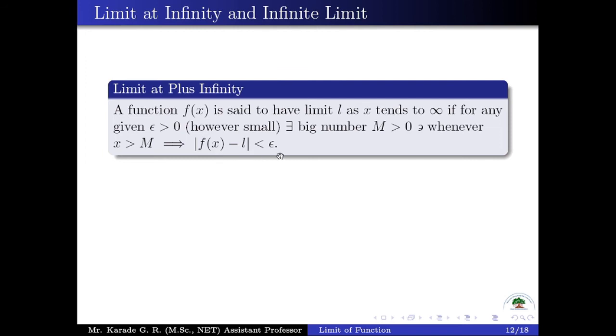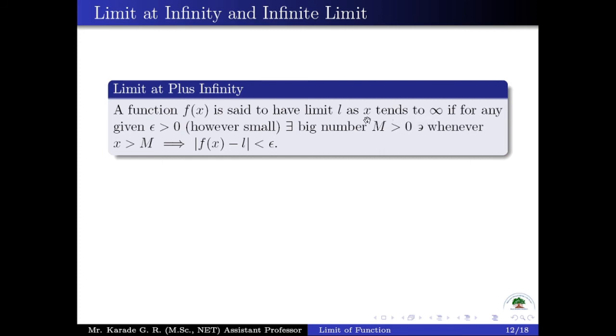Now what is the meaning of this definition, limit at plus infinity? When we say function f of x has limit L when x tends to infinity, x tends to infinity means x becomes larger and larger.